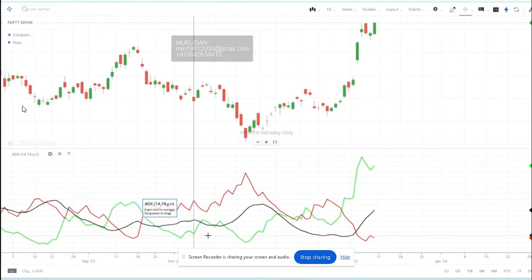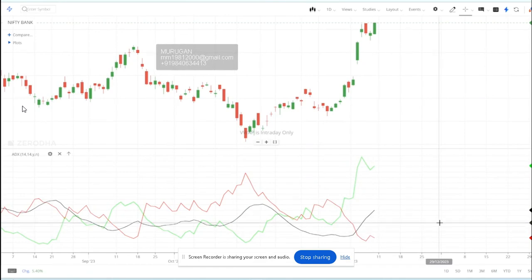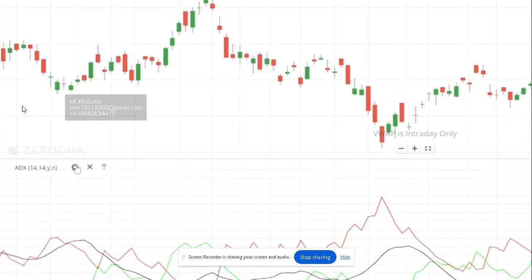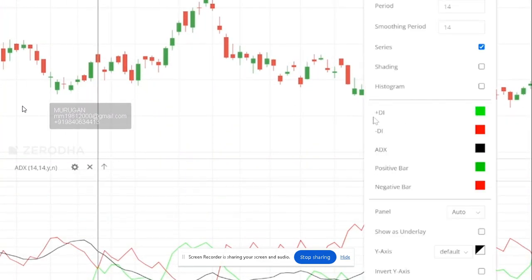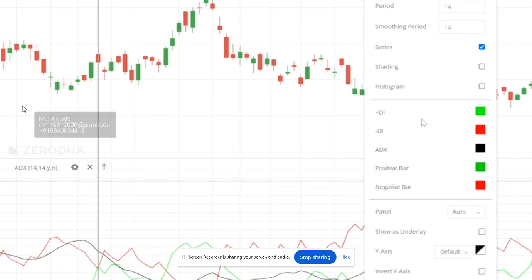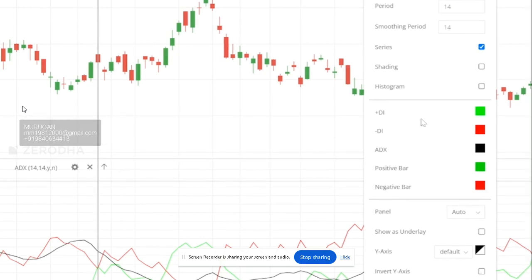In ADX you will actually find three lines. One black line, one red line, one green line. The green line is called plus DI, the directional index positive side, and the red line is minus DI, the directional index negative side.